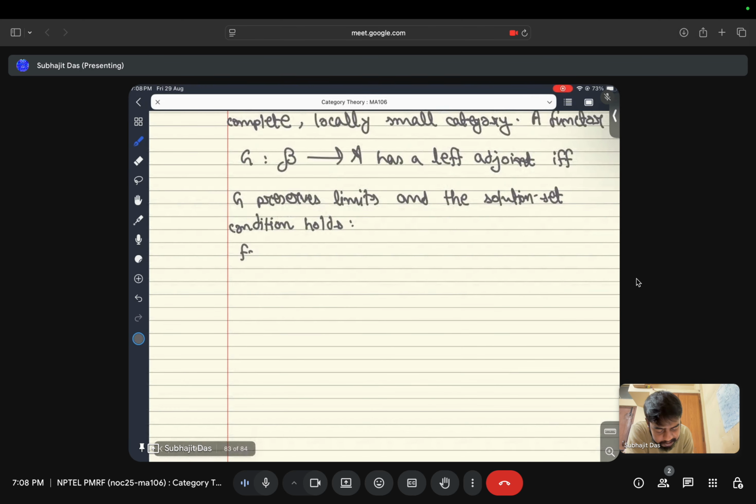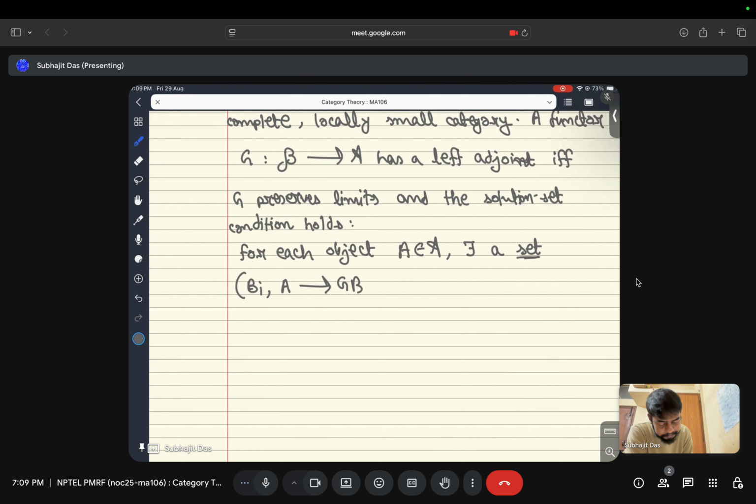To be very explicit, for each object A in A, there should exist a set, and this is very important, there should exist a set of objects B_i together with maps A to G B_i.